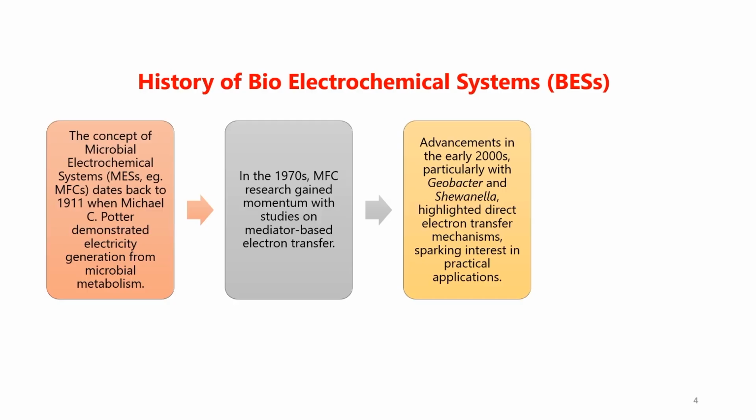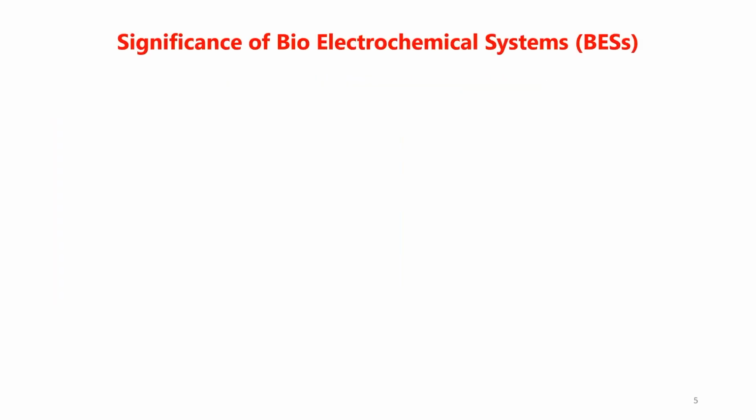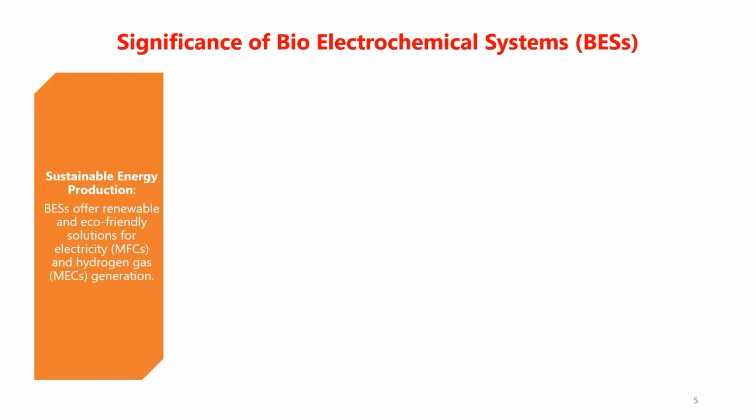Then in the early 2000s, there were a lot of advancements, particularly with Geobacter and Shewanella, which highlighted direct electron transfer mechanisms, sparking interest in practical applications. Microbial electrolysis cells emerged in the mid 2000s as an offshoot of MFCs, which focused on hydrogen gas production by applying external voltage.